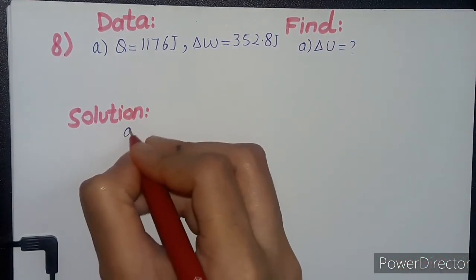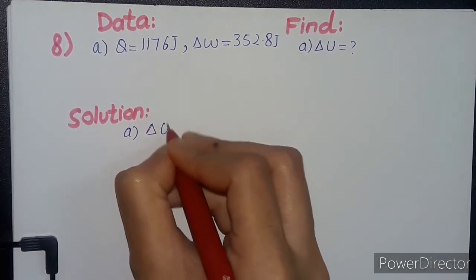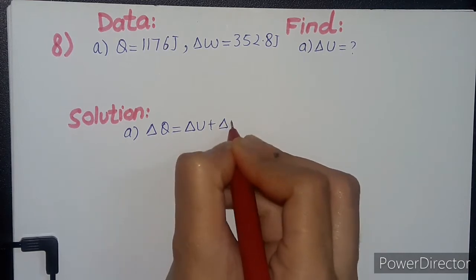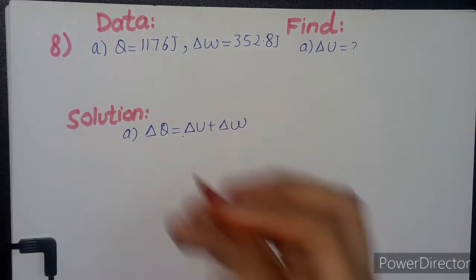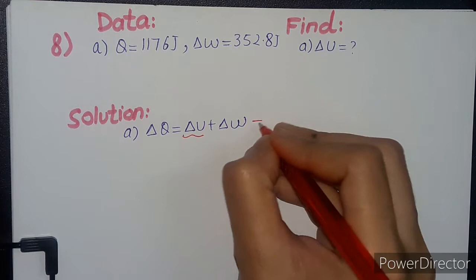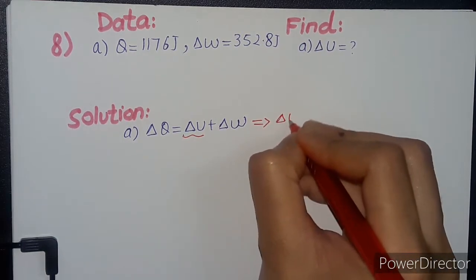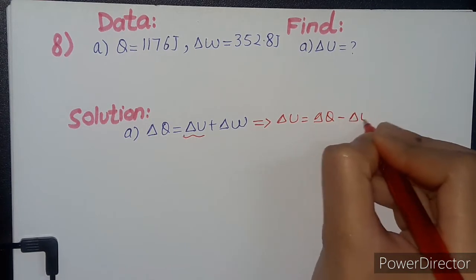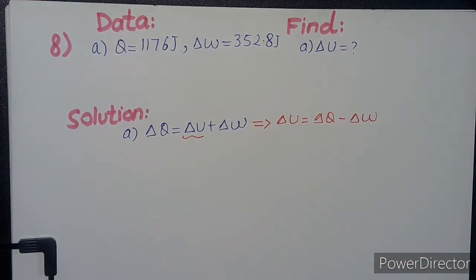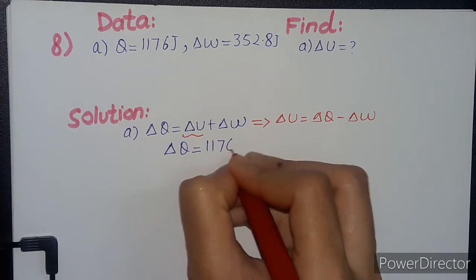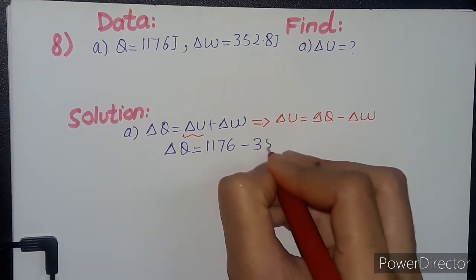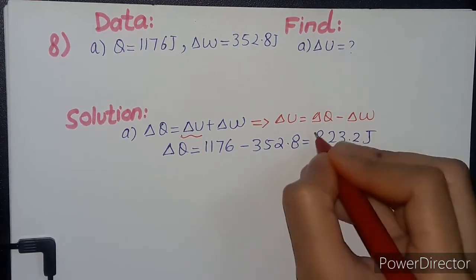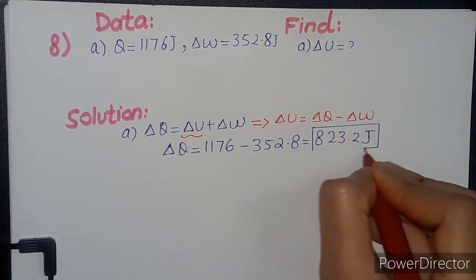So the solution is del Q is equal to del U plus del W. Now rearranging this to find del U, we get del U is equal to del Q minus del W. Now putting in the values, 1176 minus 352.8 joule. This is the answer for the A part.